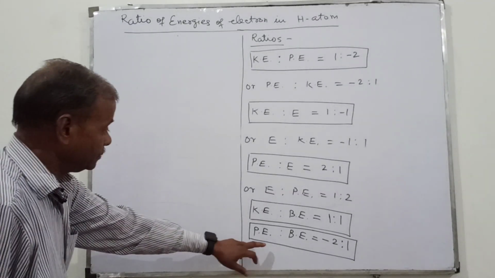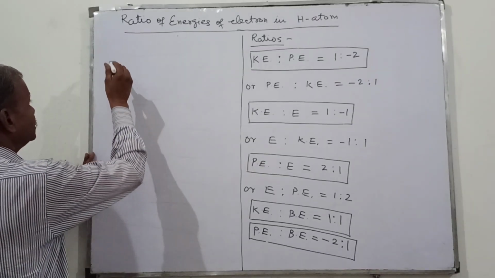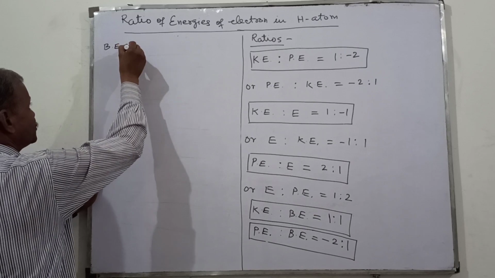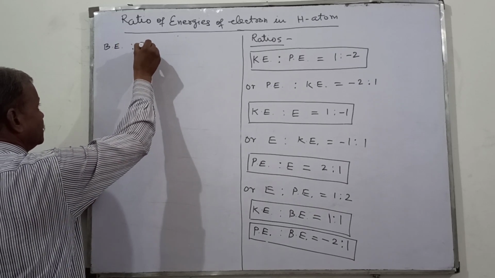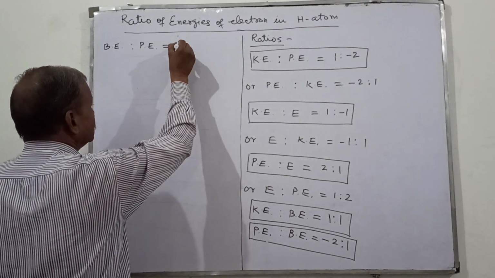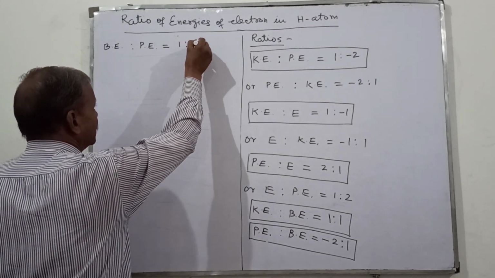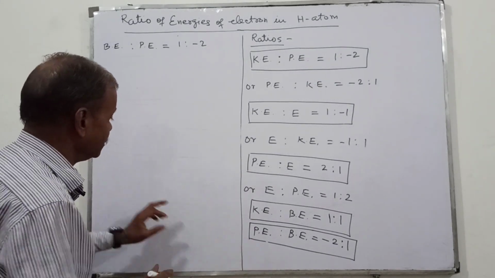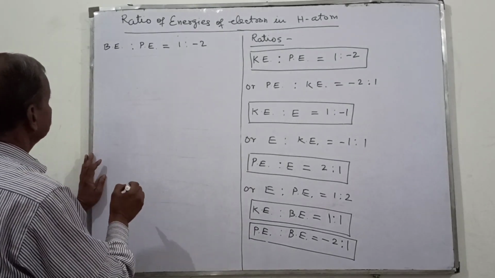If we change the order, binding energy ratio potential energy, then this will be 1 ratio minus 2. So we can write this in this way also.